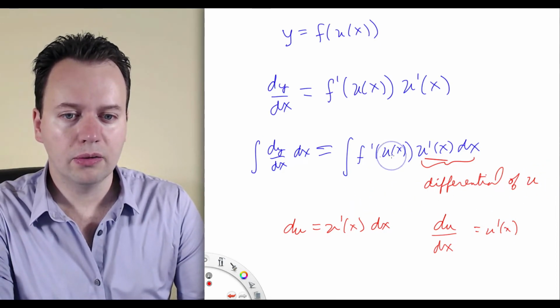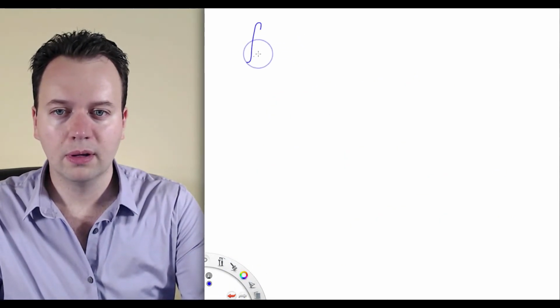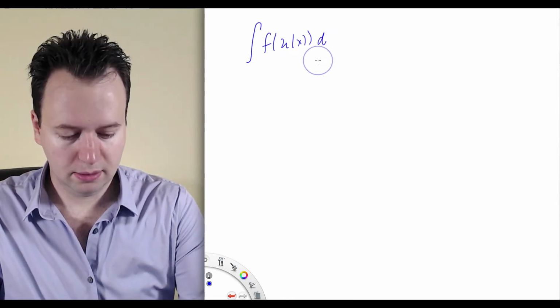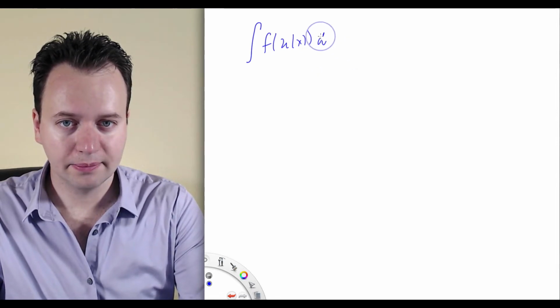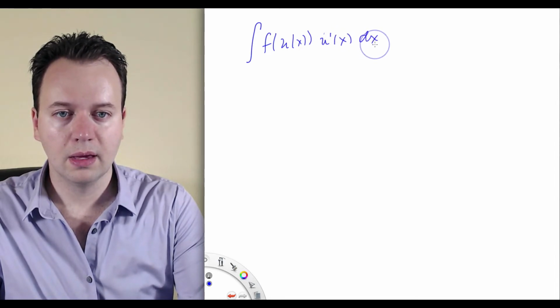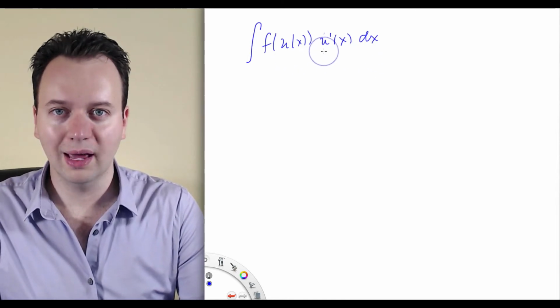So the substitution method comes into play when you're trying to compute antiderivatives of the form integral of f of u of x times u prime of x dx. So basically it takes a form like this.